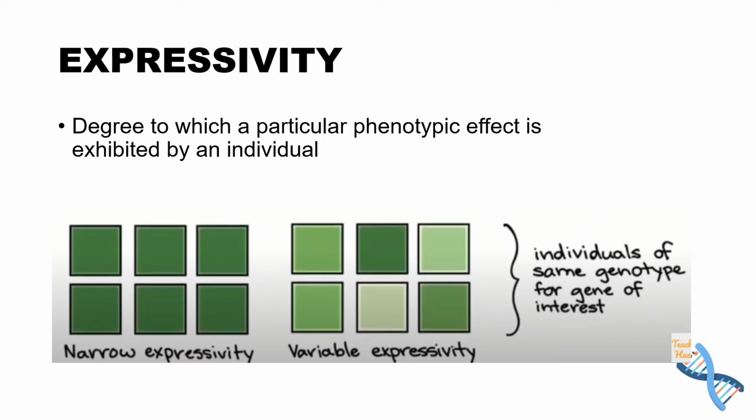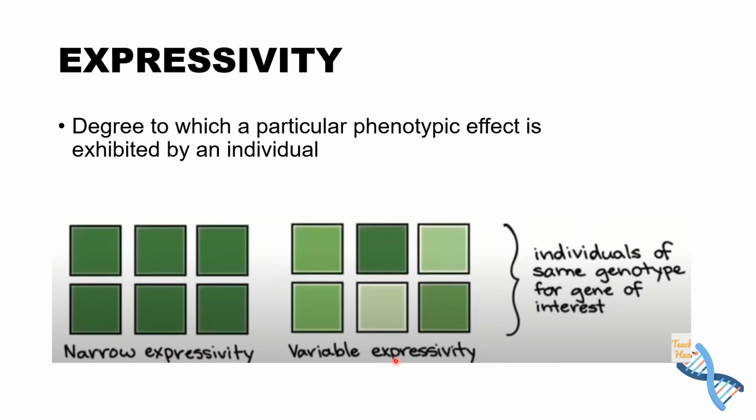Yung pagkaibahan lang niya is meron yung tinatawag na narrow expressivity. So sa narrow expressivity, all of the individuals show the expected phenotype, which is, sa example natin, kulay green.